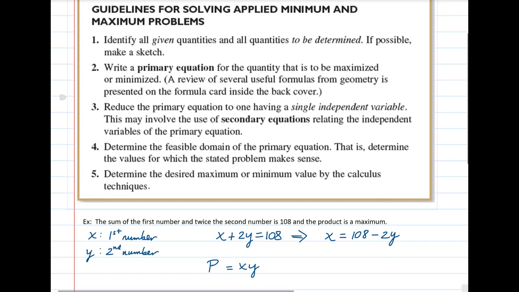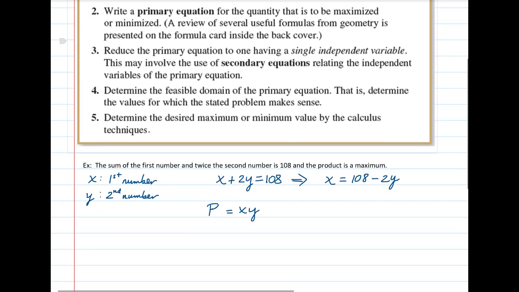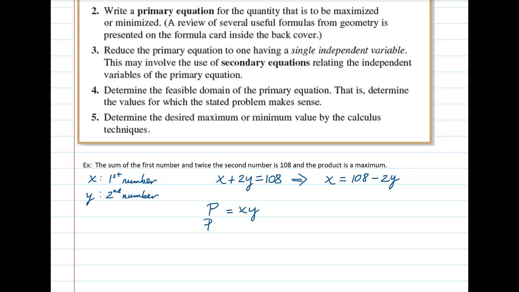Again, you can choose to solve for y if you like, but I'm going to choose x here. This is pretty straightforward. Solve it in terms of y, and use that to substitute x into my primary equation. So instead of x, I'm going to write 108 minus 2y, and all that multiplied times y is going to be equal to 108y minus 2y squared.